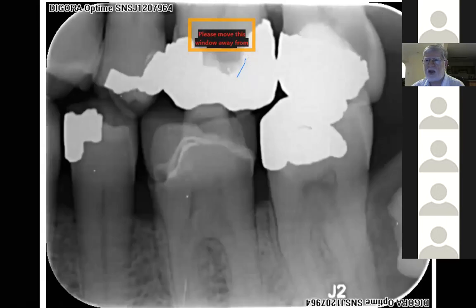And we take that X-ray, and this confirms to us, on that heavily filled 7, where you've got something like zinc oxide eugenol underneath this massive amalgam sitting in contact with that pulp, there's more decay there. But now that we've taken that picture, what do you see down bottom?